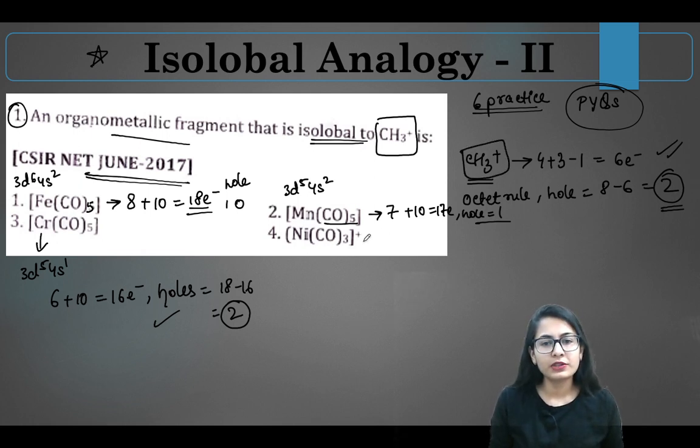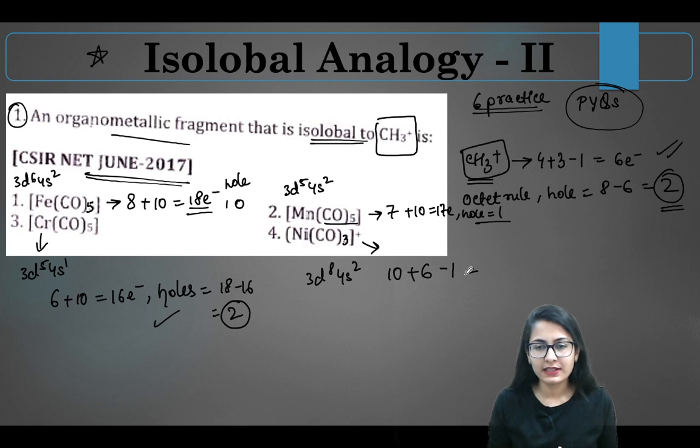Now option number 4, that is nickel. It is tricarbonyl and it has a positive charge. Nickel is 3d8 4s2, so it gives 10 electrons total, plus 3 into 2 because every carbonyl donates 2 electrons, so this is 6, and minus 1 because there is a positive charge.